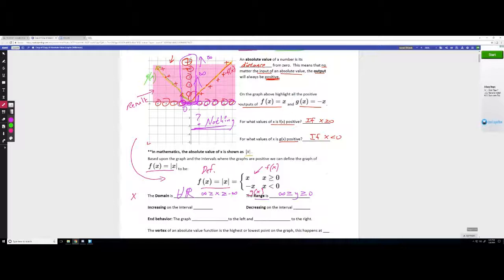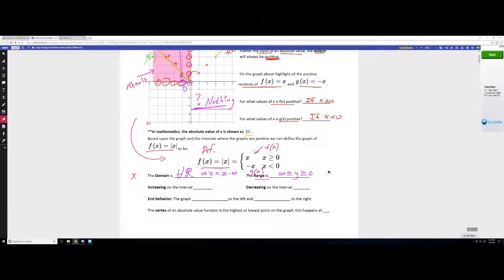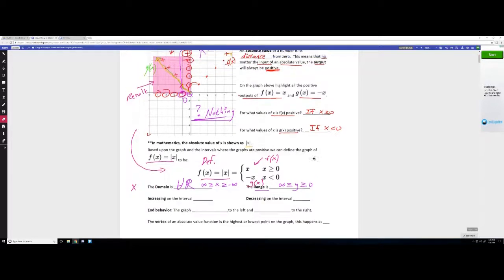Now, increasing on the interval. So if we think about it, if you look at from 0, let me clean this mess up as much as I can because it got messy real fast. All right, can I? Oh no, I deleted that. I didn't want that. All right. So, whoa, whoa, it's getting a little too happy here with the eraser.